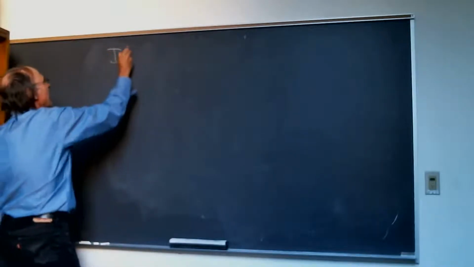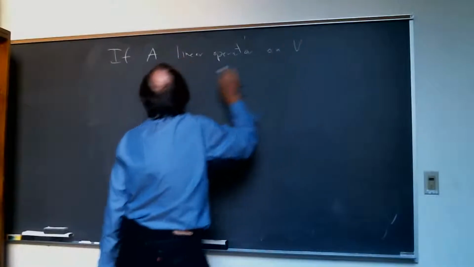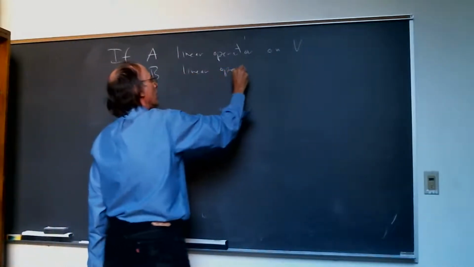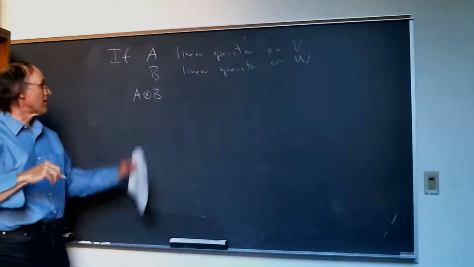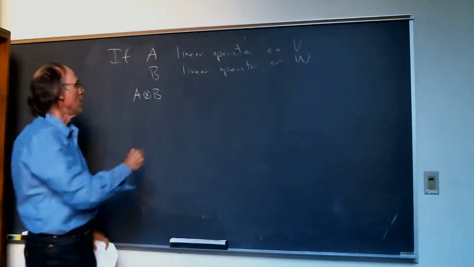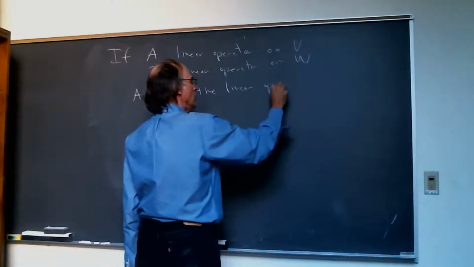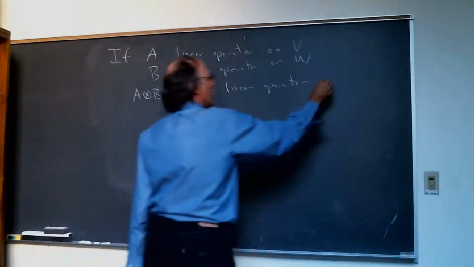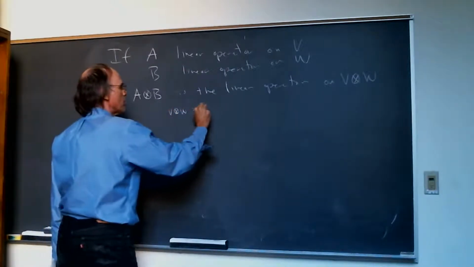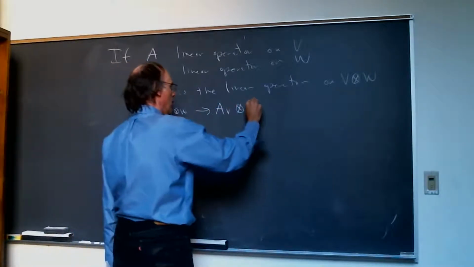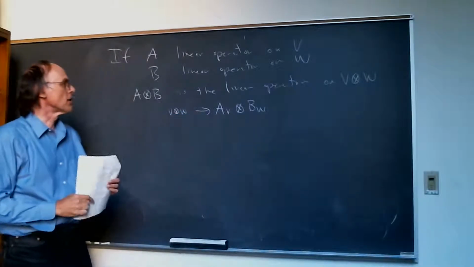If A is a linear operator on V, and B is a linear operator on W, then you can form a linear operator on the tensor product, taking V tensor W to AV tensor BW.